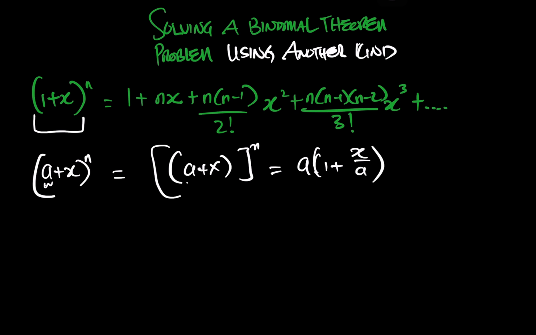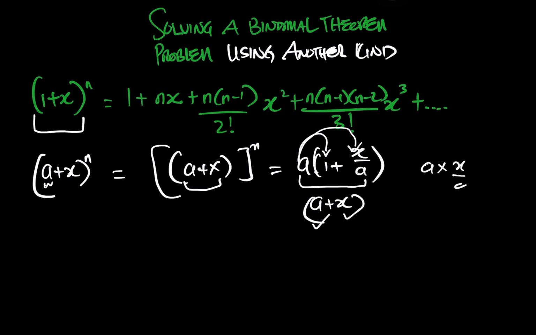What we've written is the whole of a plus x. Can you see that? Because a multiplying 1 gives you a, and a multiplying x over a gives you x. I hope you can see that. So that's what we have done so far.